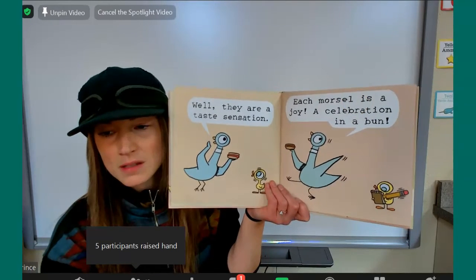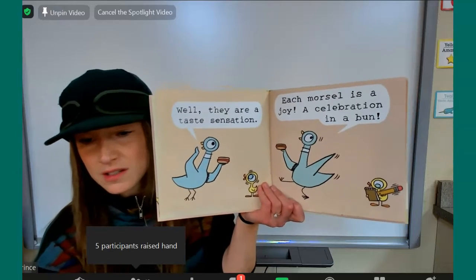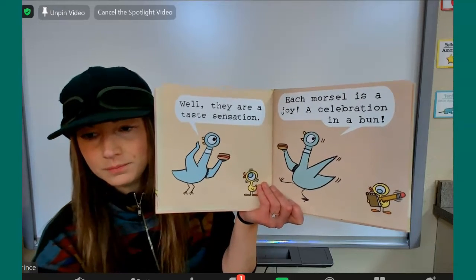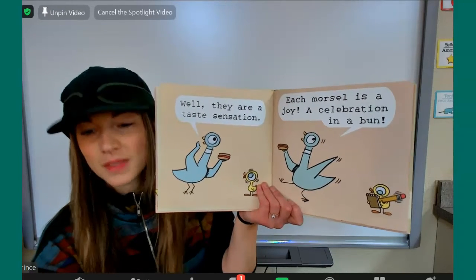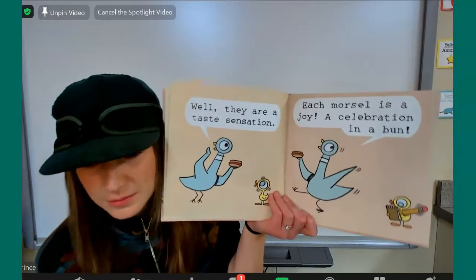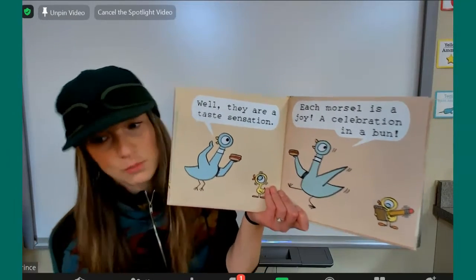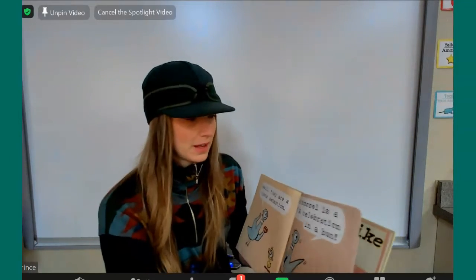Nicholas, can you help out Mason? Who's doing the talking on these pages? The pigeon. Is the duckling talking? Nope, no speech bubble for the duckling.